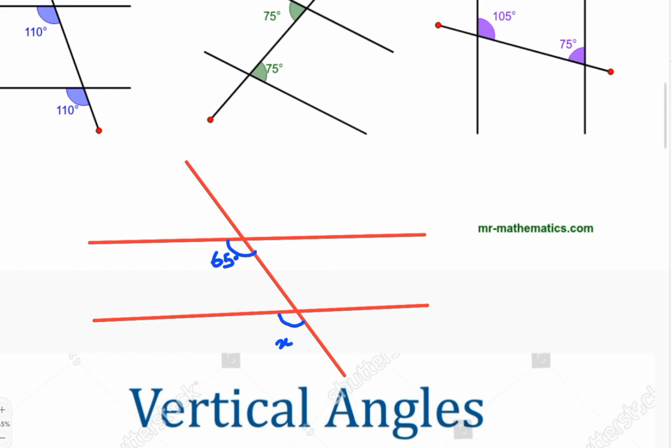The first thing you're going to do when you're working with angles is ask, are we dealing with a polygon? No, this is not a polygon because this is not a closed figure. Then are we dealing with parallel lines? Let's check.